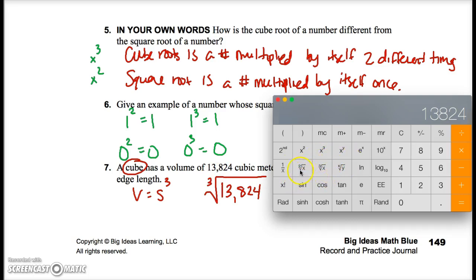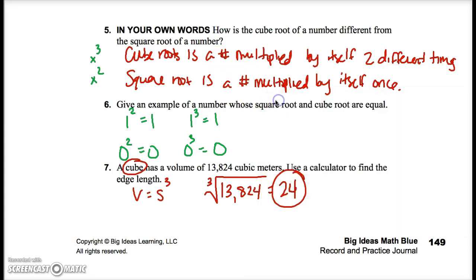Okay, your square root would be the one with the little 2. Okay, so I'm going to do the cube root. And if you hover over it, you see right here it says calculate the cube root of the displayed value. So I just click on that, and it tells me my answer is 24. So the length of that cube, or I guess each side length of that cube would be 24 meters. I'll throw that in there.